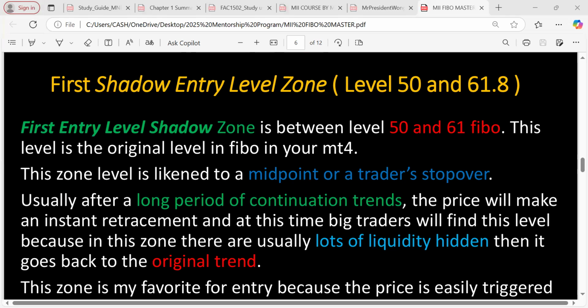Is there any questions so far? Are we all in the clear in terms of questions regarding the foundation of the Fibonacci?